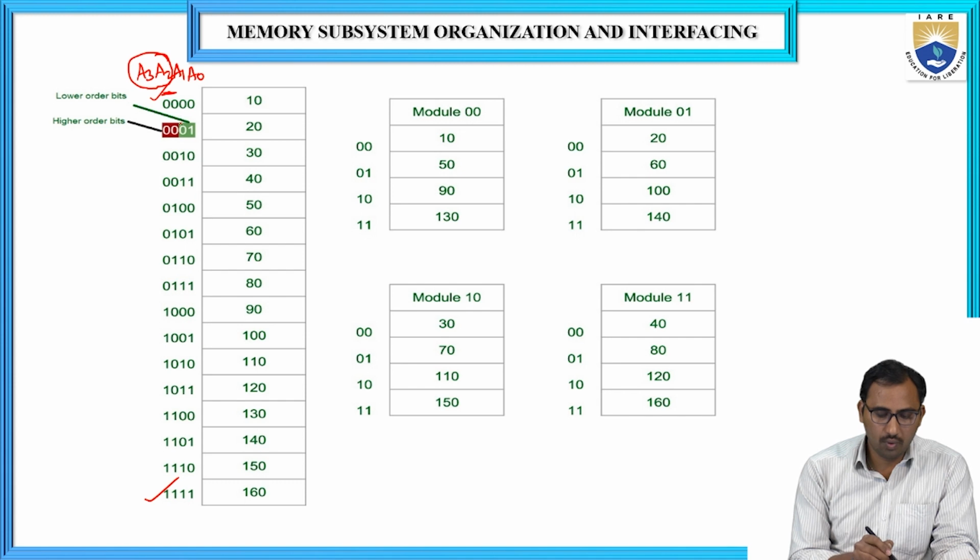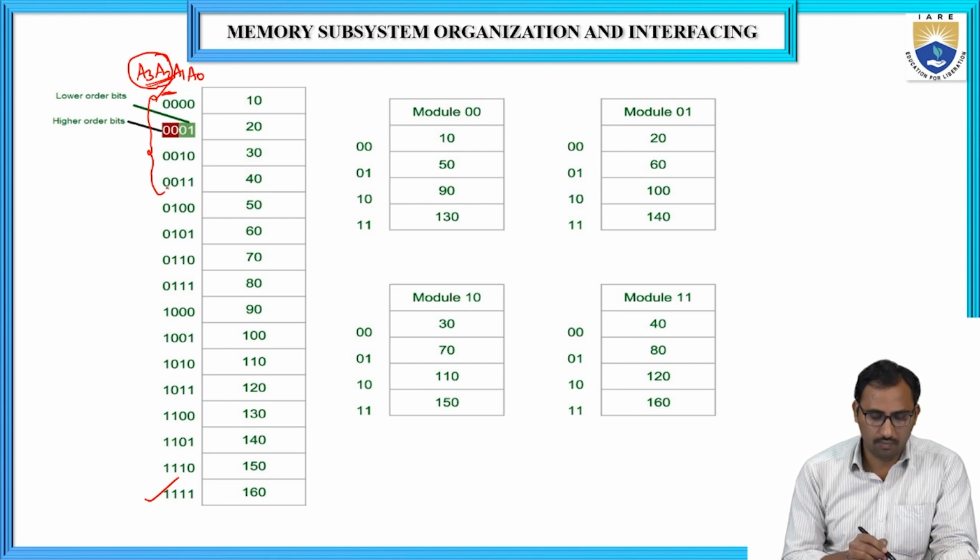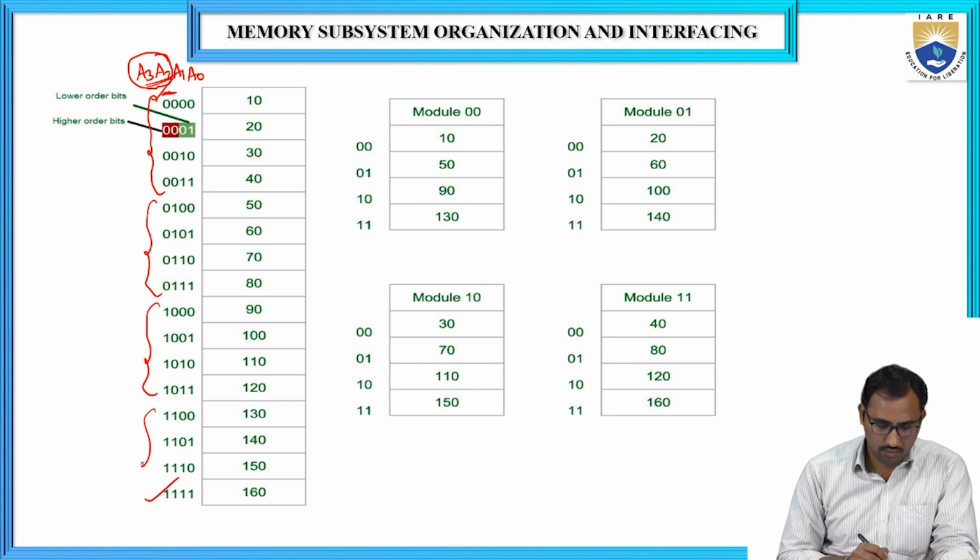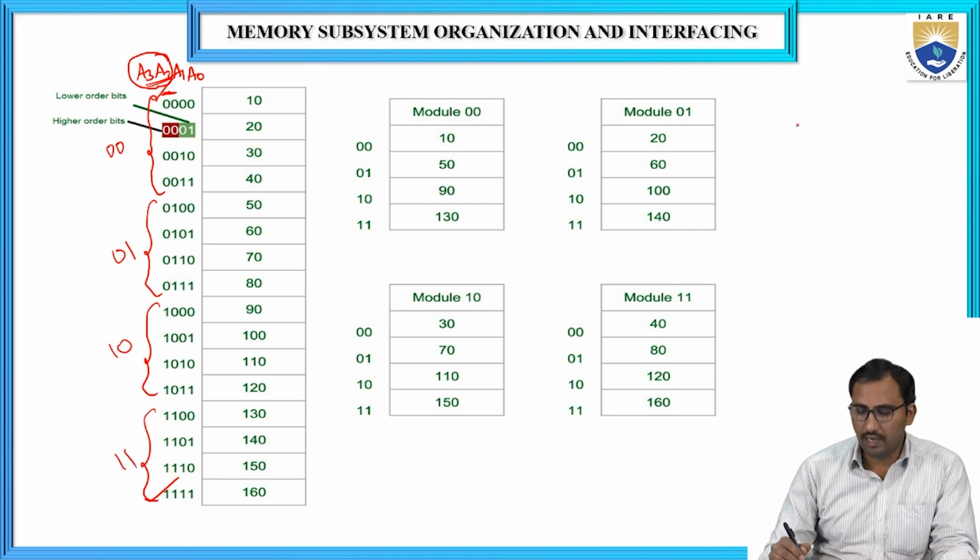The A2, A3 address lines are common for these four, so the modules are 00, 01, 10, 11.